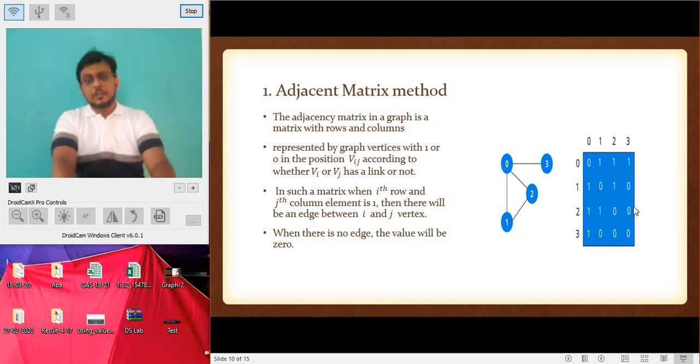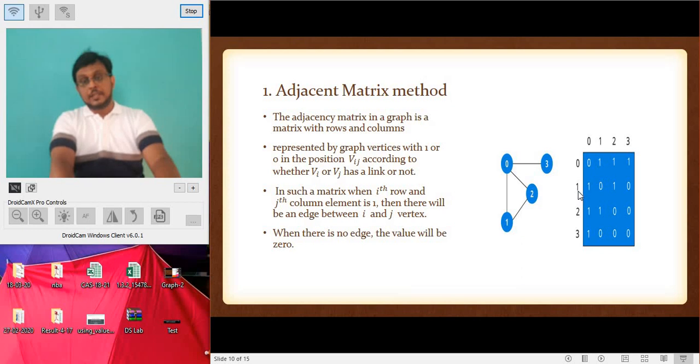Suppose we have an edge between two vertices, just like here between 0 and 1. If there is an edge between two vertices, then we give a value 1 in the corresponding field, just like at 0, 1. Since there is an edge, we are giving a value 1.